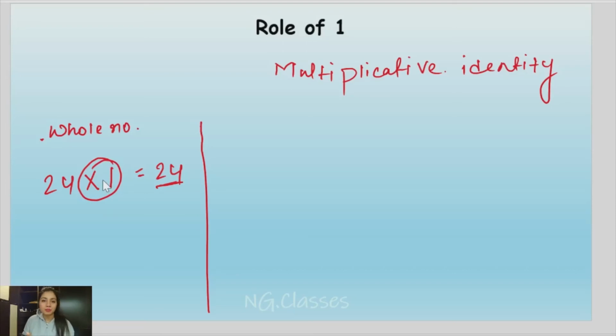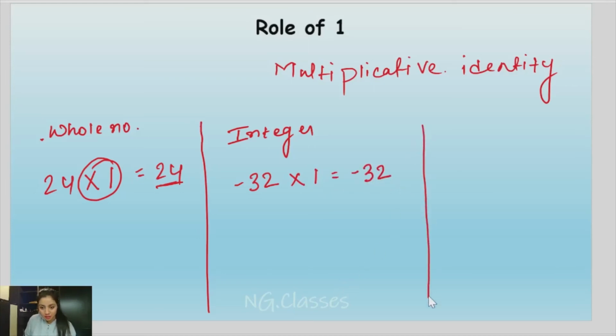If I am multiplying by 1, we are getting the same number. The same thing follows for integers. Suppose I am taking one integer, minus 32, and if I multiply 1 with it, our answer will be minus 32 only. That's why it's called the multiplicative identity.